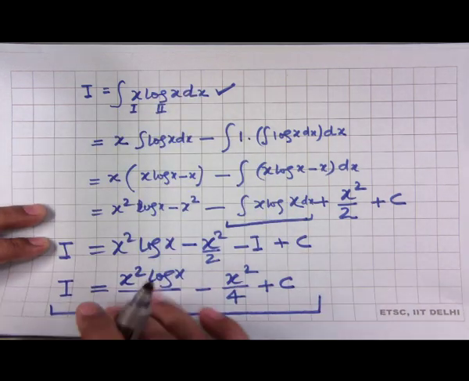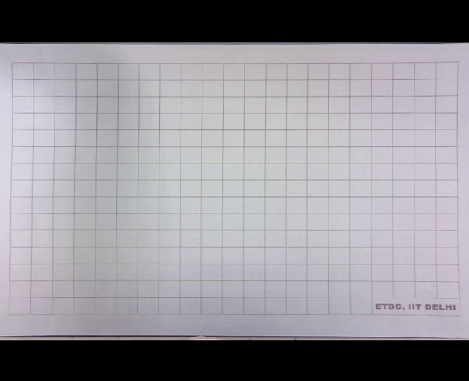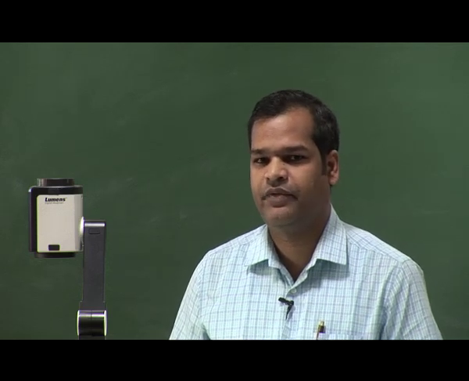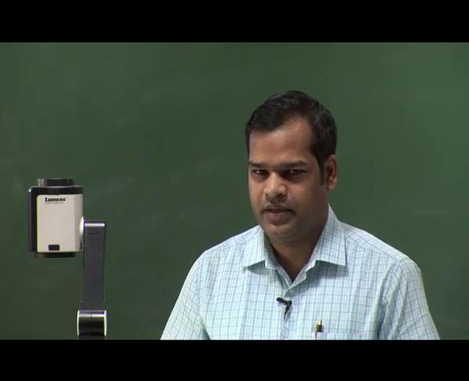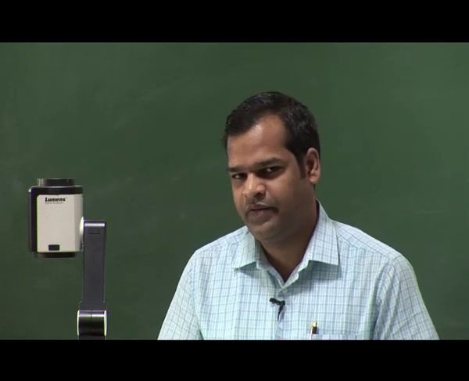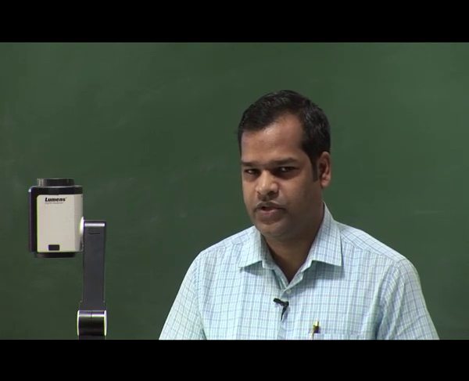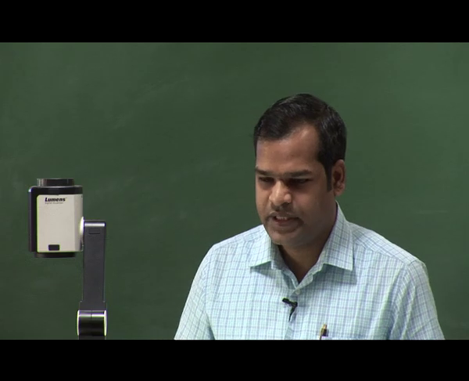This trick sometimes becomes very handy, and we can use it in solving certain problems. For those classes of functions where integrations of both kinds of functions will keep on giving you functions which will not be diminishing, in those cases this idea works pretty well.